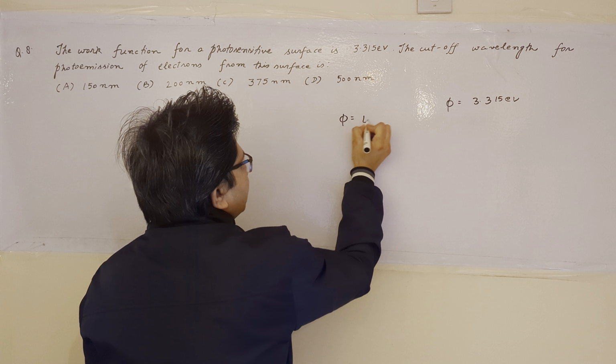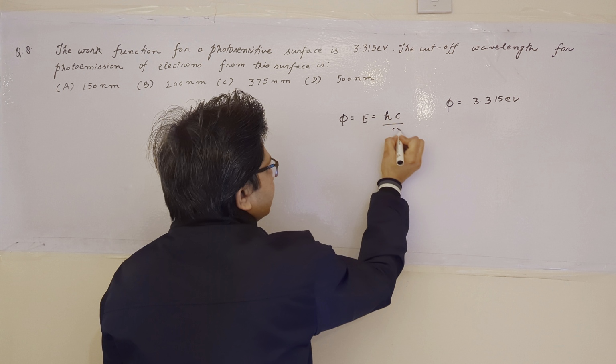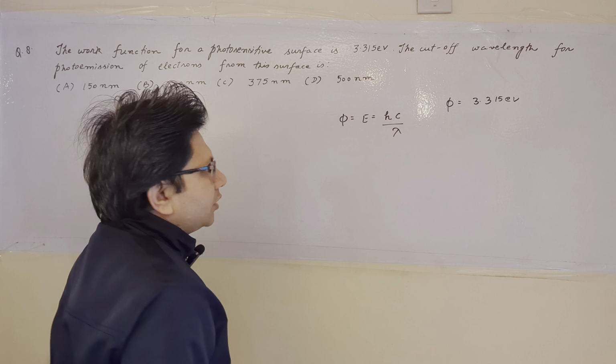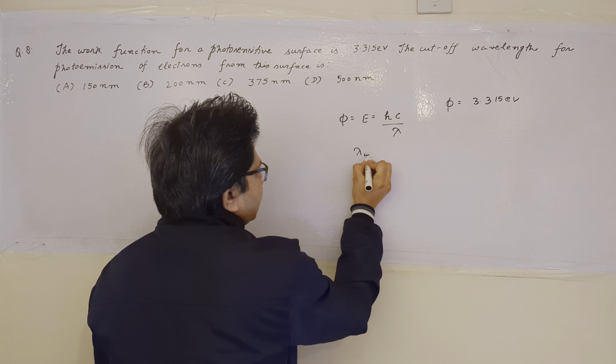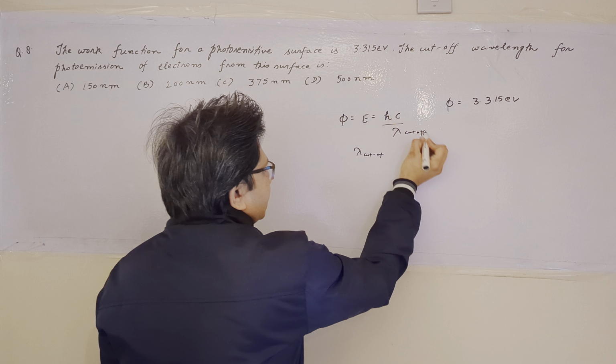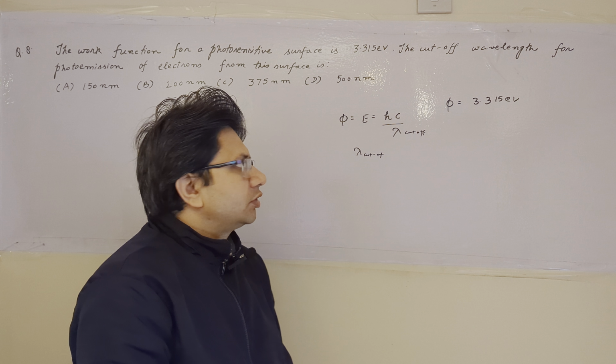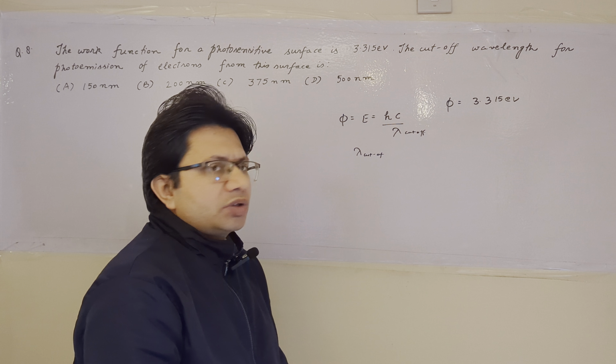So phi, the minimum energy, is related to the wavelength by the formula hc upon lambda, or we can say lambda cutoff. This is basically the cutoff wavelength. Cutoff means the particular wavelength above which no electron is ejected.